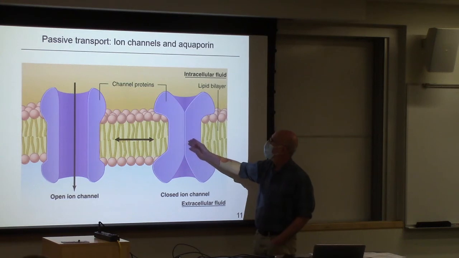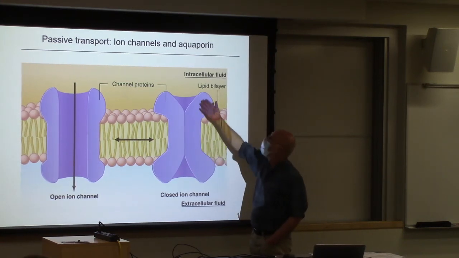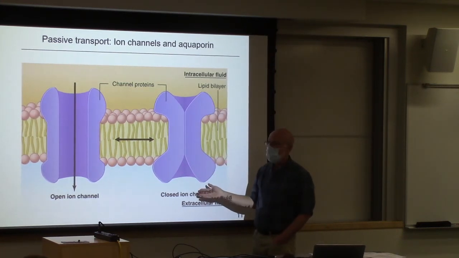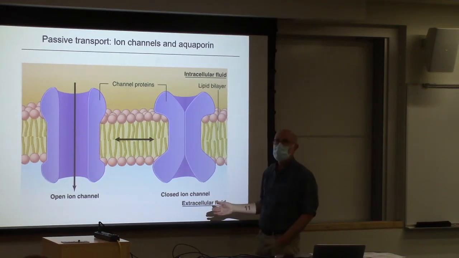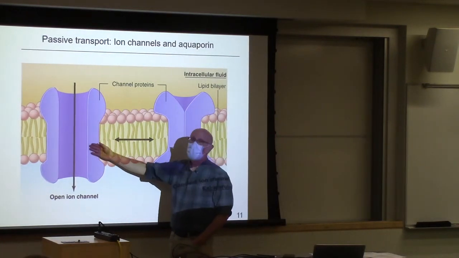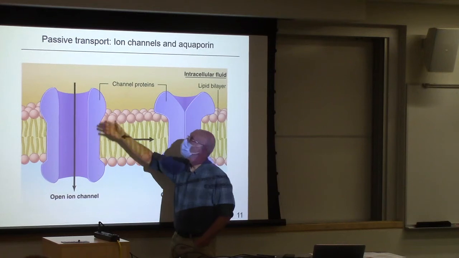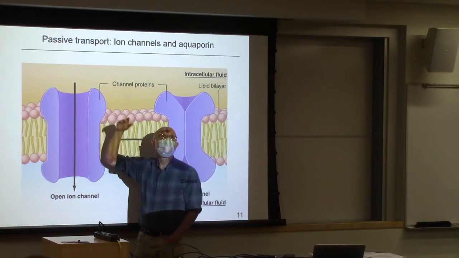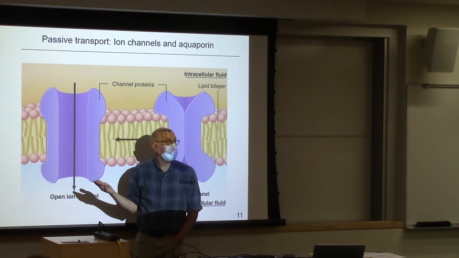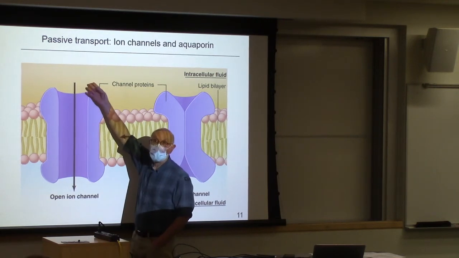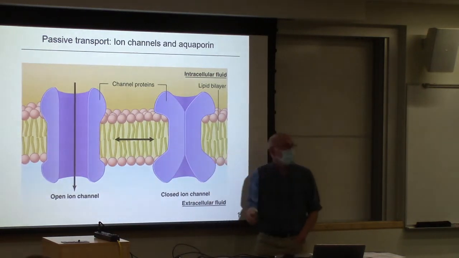When the channel is closed, the solute, typically ions, cannot move. When the channel undergoes a conformational change, ions can move according to their concentration gradient. They don't go up the concentration gradient, they go down the concentration gradient.